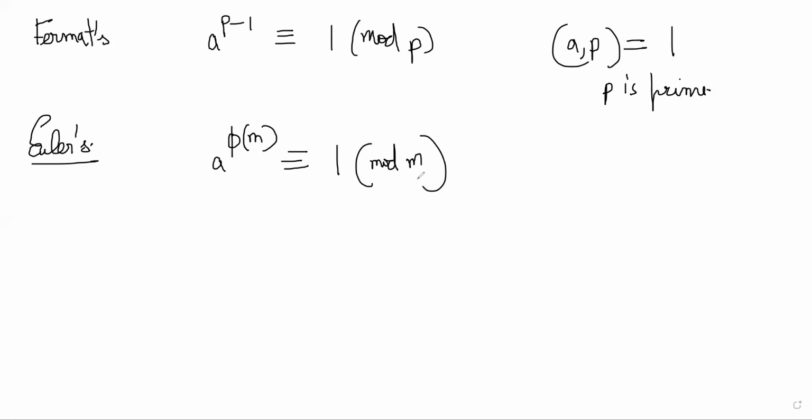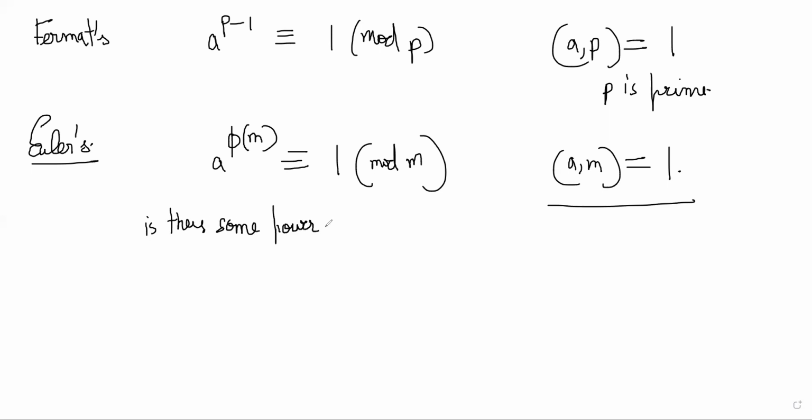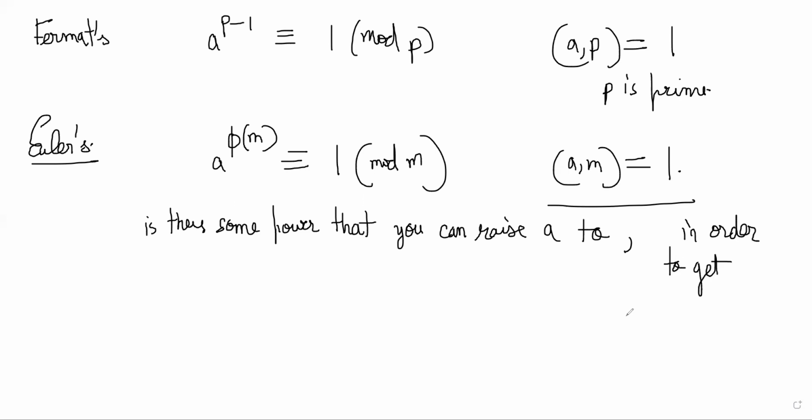Here also GCD of A and M is 1. Is there some power that you can raise A to in order to get 1 mod M?